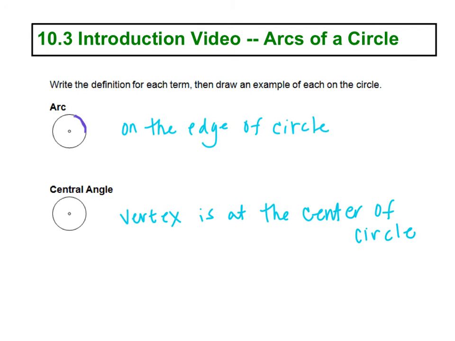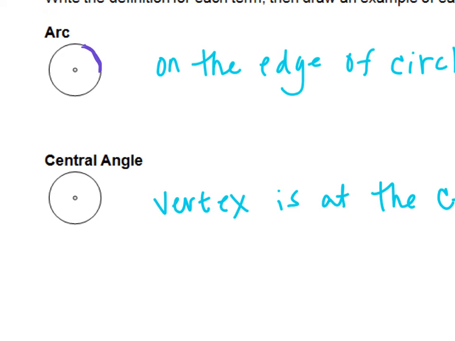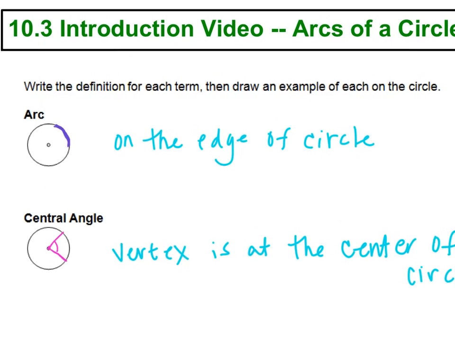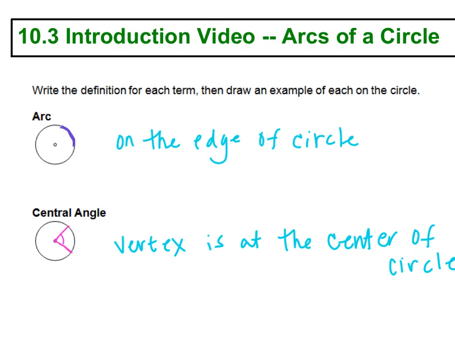So drawing that in, it's any angle where you have the center of your circle and then just some angle. So this is a central angle right there. Alright, so we have an arc, we have a central angle. Let's move on to the next one.